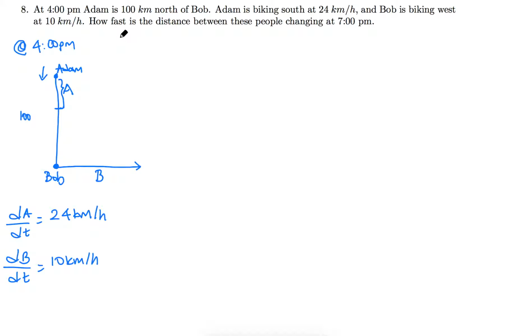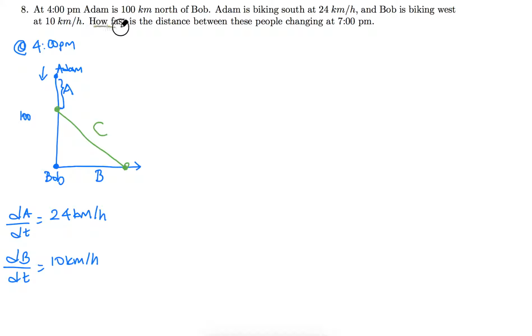Okay, and we're looking for the distance between these people at 7 p.m. Say after some time, Adam came here, Bob came here. The distance between them will be this line. Let's call that distance c.